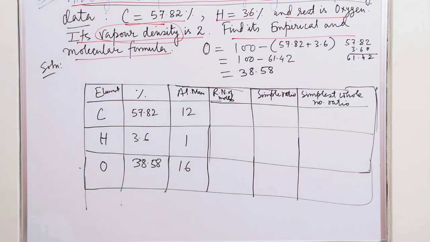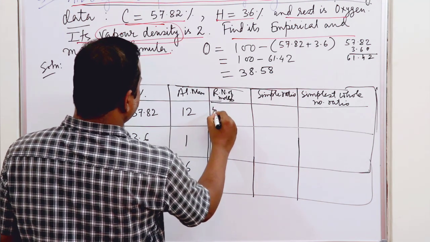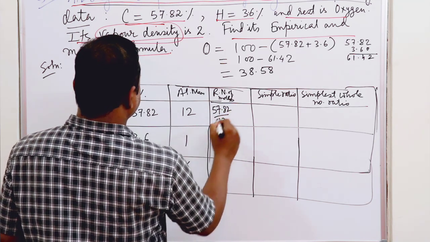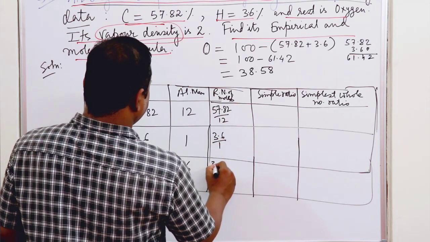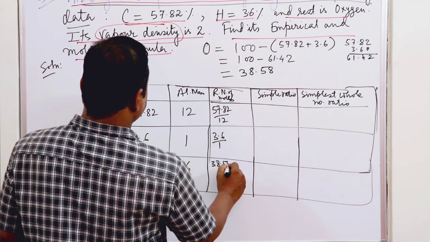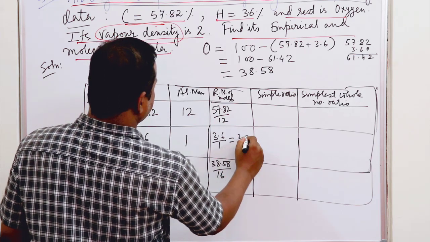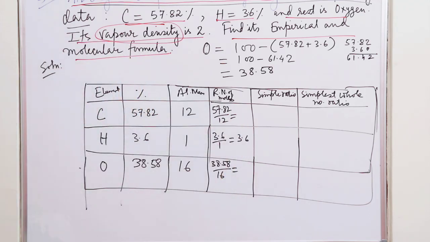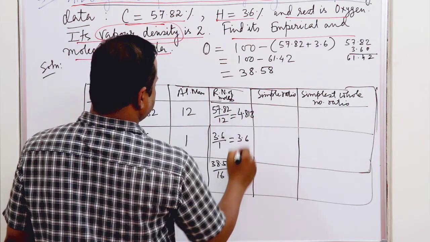Okay, so now the next is the relative number of moles. What do we do? We divide the percentage by the atomic mass: 3.6 by 1, and 38.58 divided by 16. So these come out as 3.6 and 2.4, and the first comes out to be 4.818.